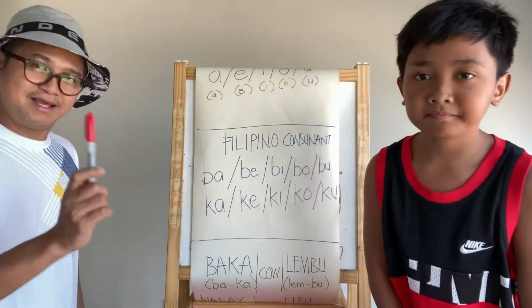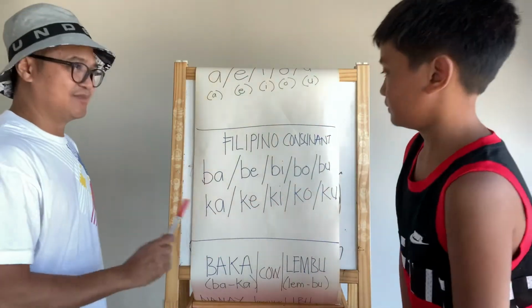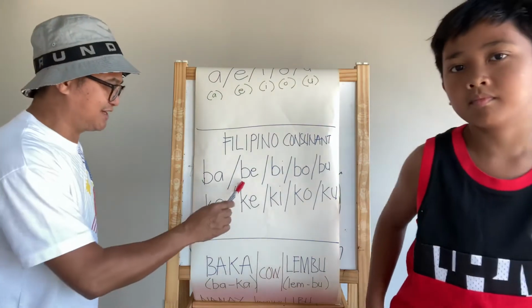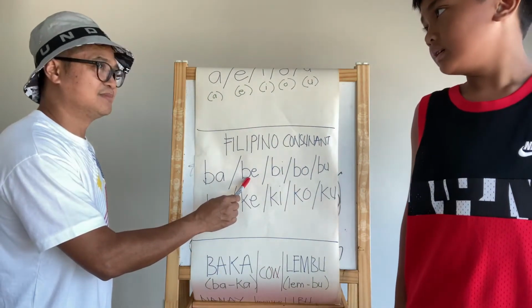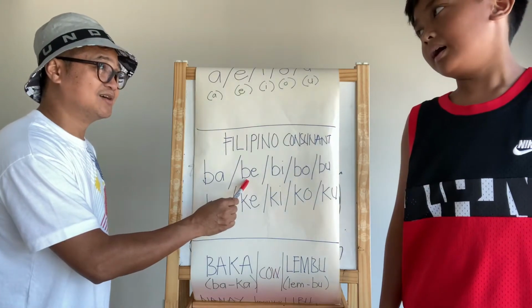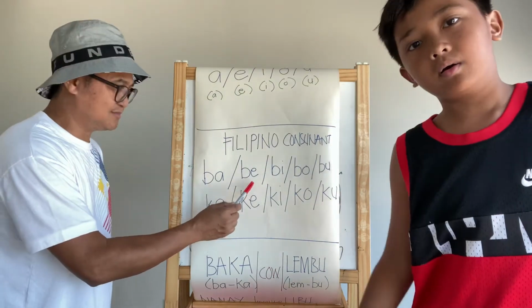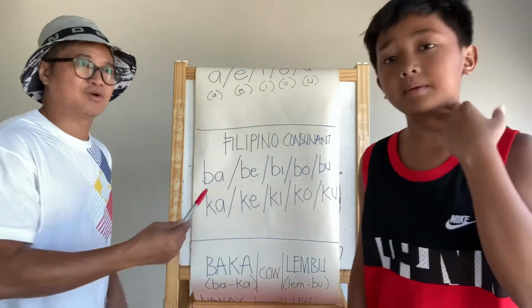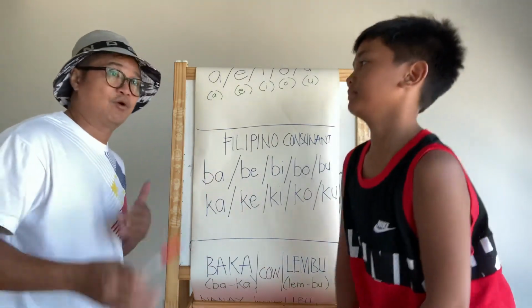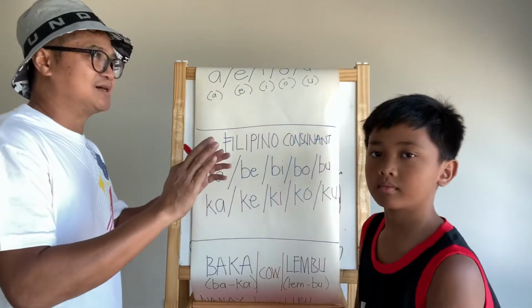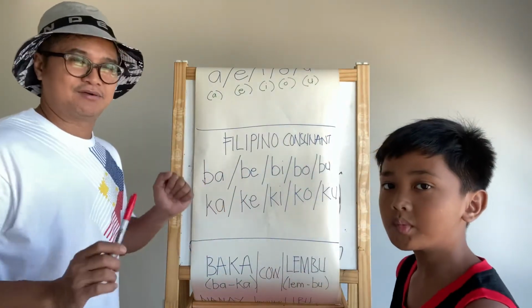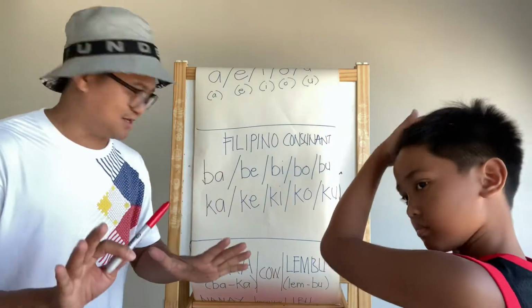But in Bahasa Malaysia, if Amjarism reads this, how do you pronounce it? B. Ba, or B is the same thing. Yeah, so it depends on the word later. If we go deeper later on, we can differentiate between Tagalog and Bahasa Malaysia.